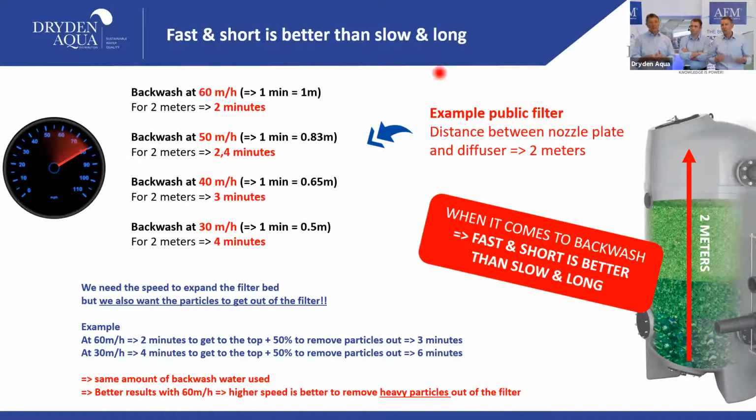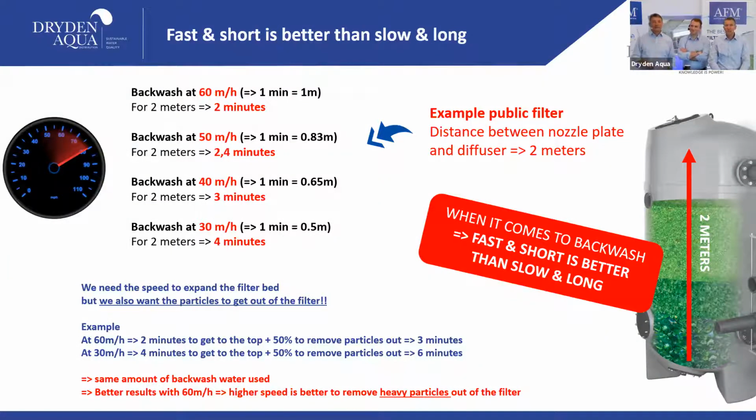So this is the number one here. If you backwash at only 30 meters per hour, then this time will double. It will take 4 minutes for the water to reach the top laterals, because this is 1 meter in 2 minutes. That's the velocity or the speed of a snail. Turbo snail maybe.